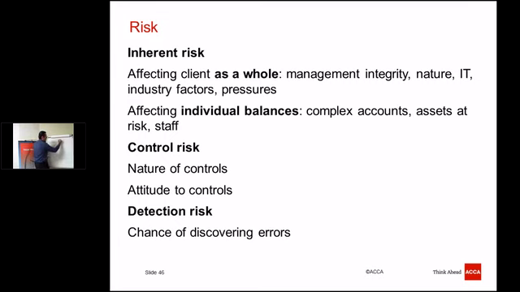The nature of the control could be that it is manual, or automated, or IT dependent. Then there is the other category of control classification, which is classification by function. A control could be preventive or detective.